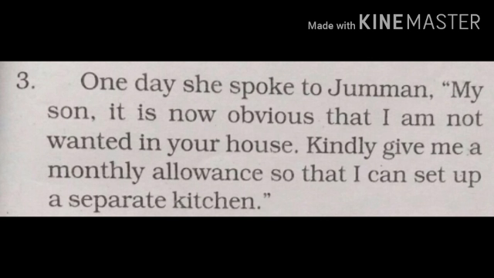Means one day the old lady spoke to Juman, "My son, it is now obvious that I am not wanted in your house. Please give me a monthly allowance." मतलब आप मुझे मंथली अलाउंस मतलब आप मुझे मेरा मंथली जो पैसा होता है वो दे दो. So that I can set up my separate kitchen in this house.